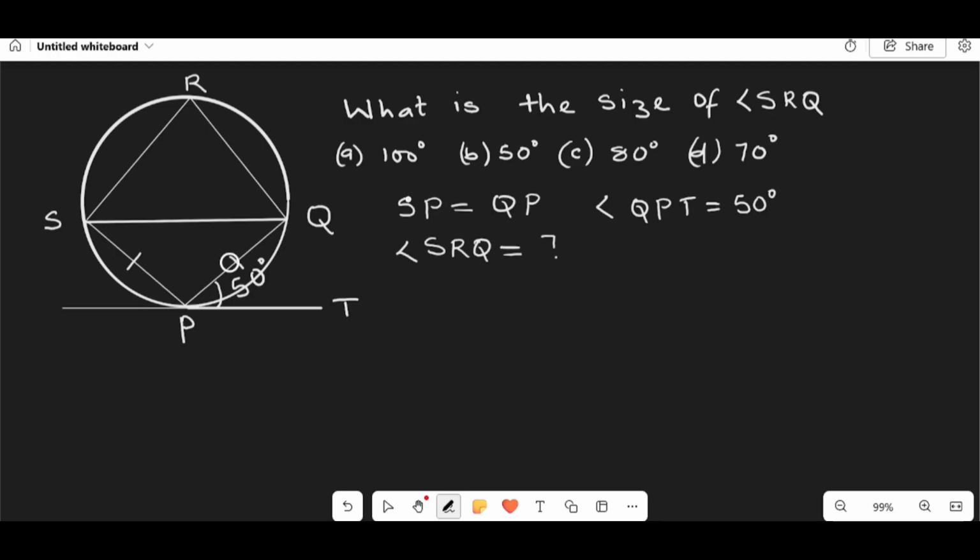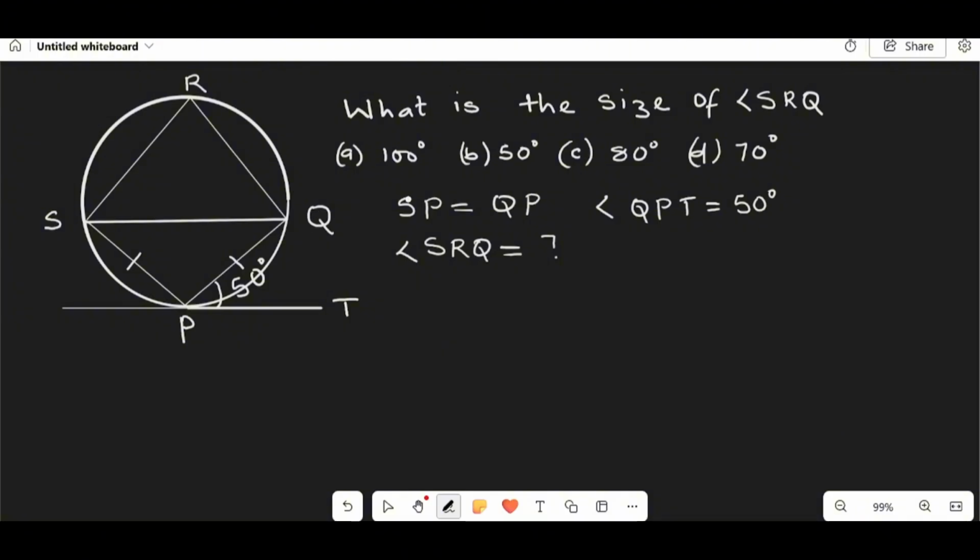In this diagram, our chord is QP, our tangent is PT that touches the circle at P. And the theorem says the angle between a chord and a tangent is equal to the angle in the alternate segment. That means our angle QPT is equal to angle PSQ.